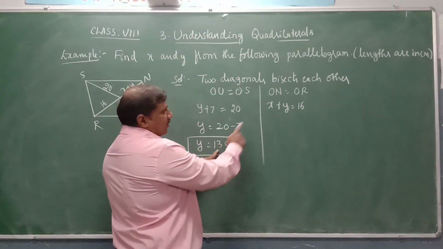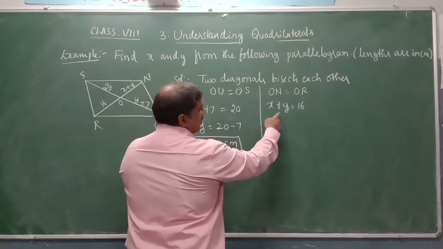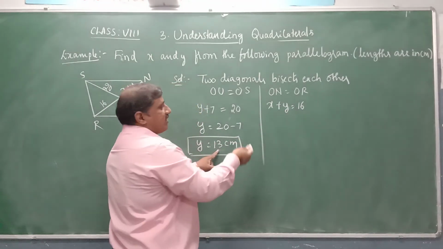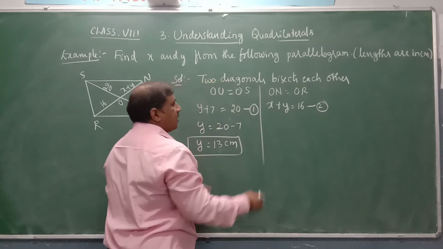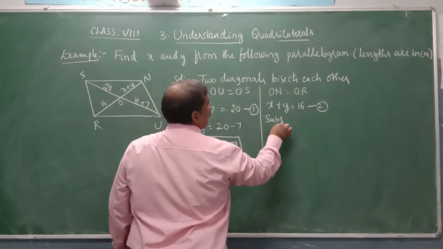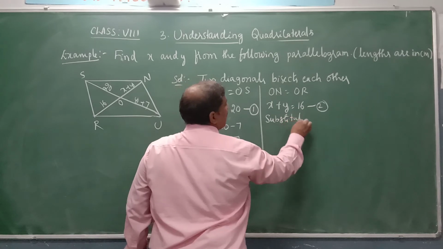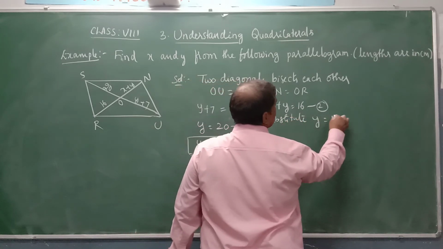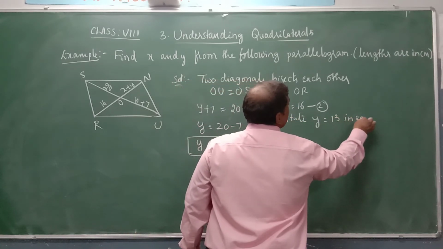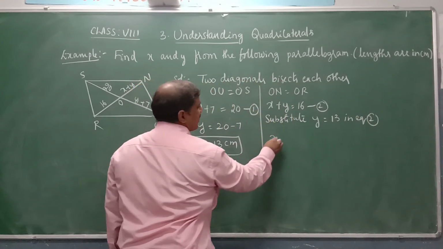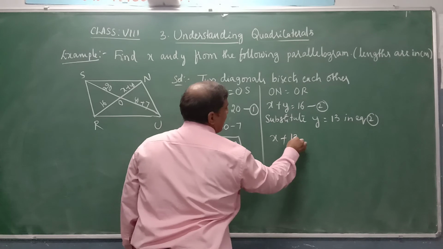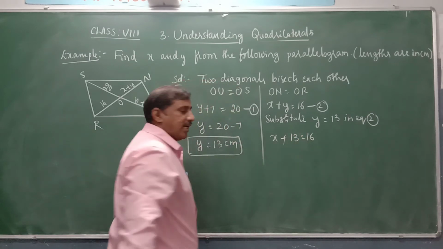Substitute y equal to 13 in the second equation. You take this as equation 1 and that as equation 2. Substituting y equal to 13 in equation 2, x plus 13 is equal to 16.